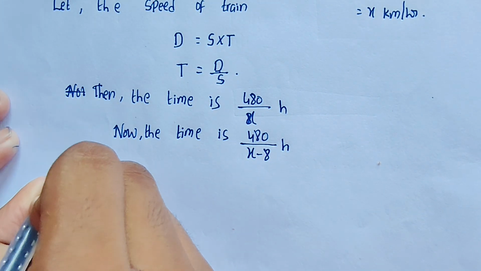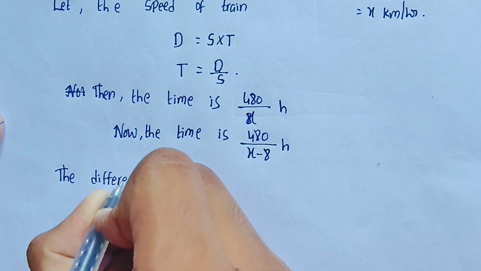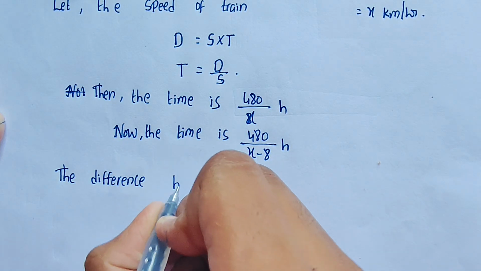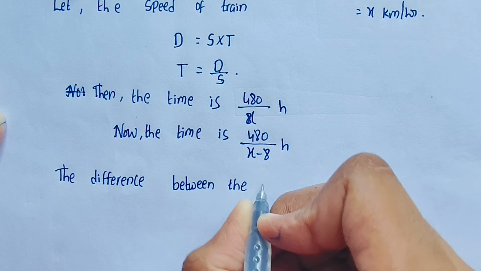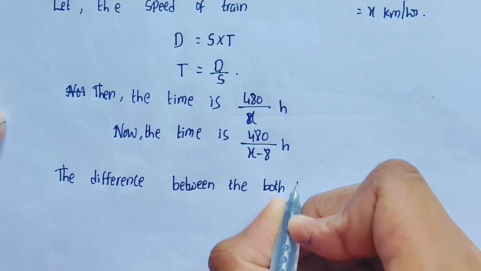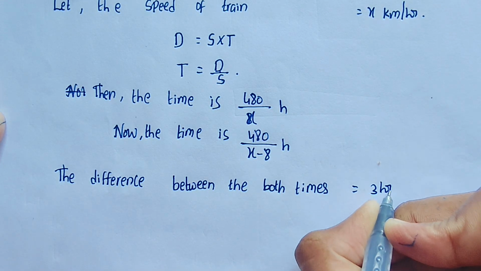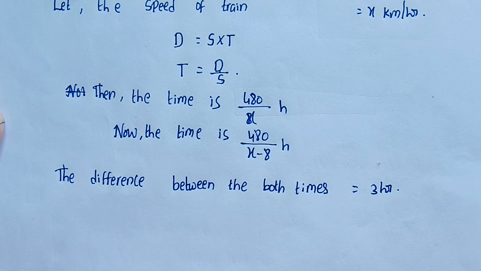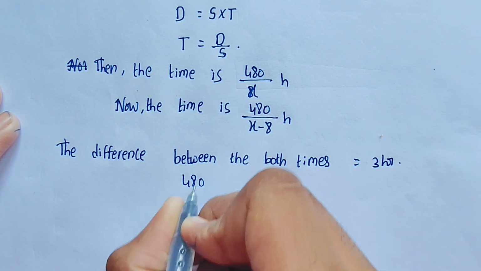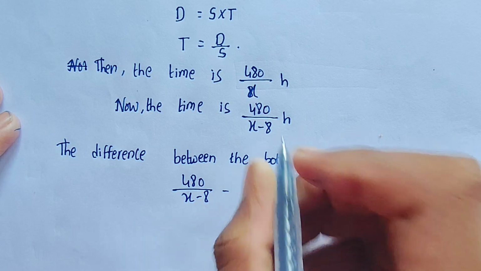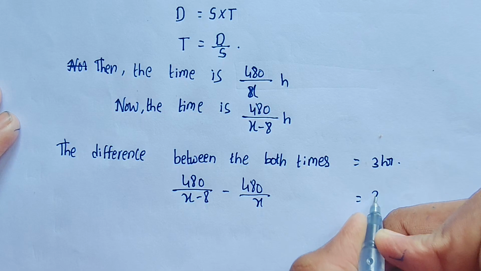After, the difference between both the times equals 3 hours. So the difference between both times means 480 by x minus 8 minus 480 by x equals 3.